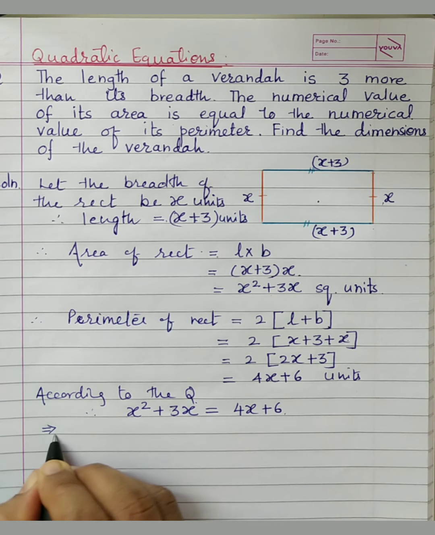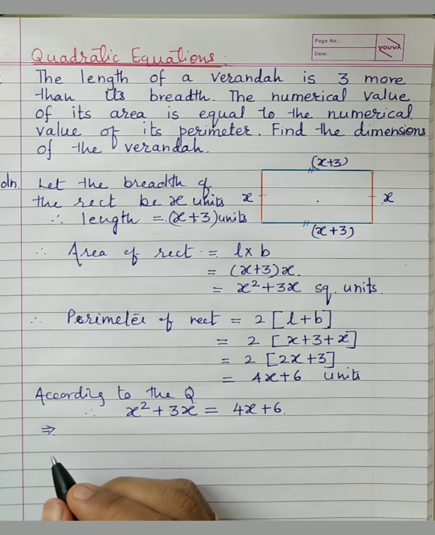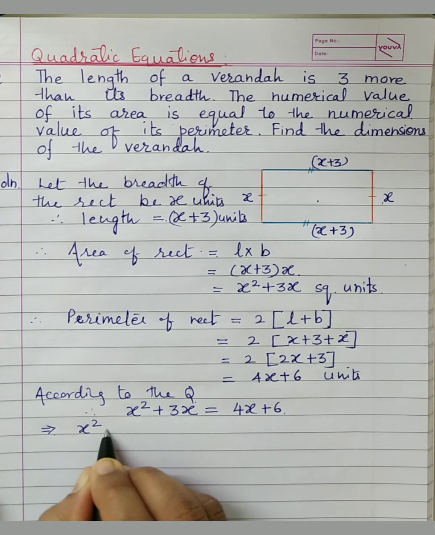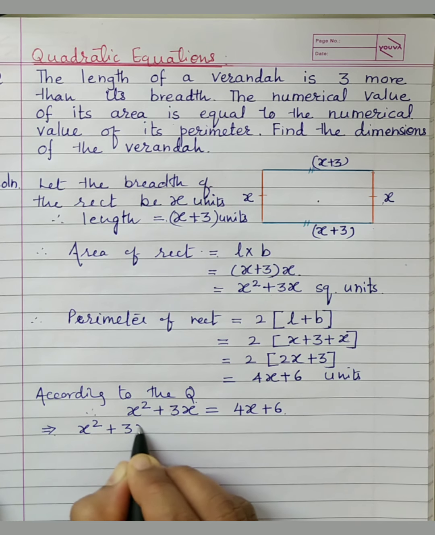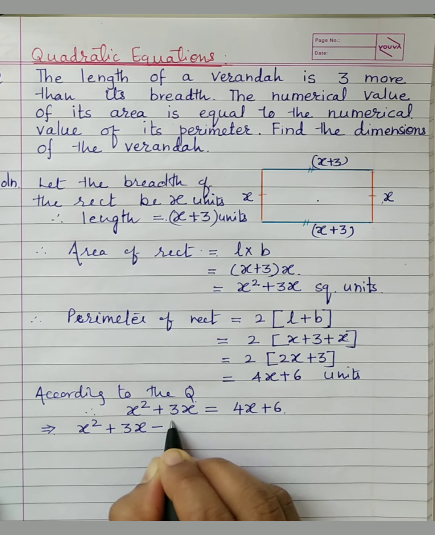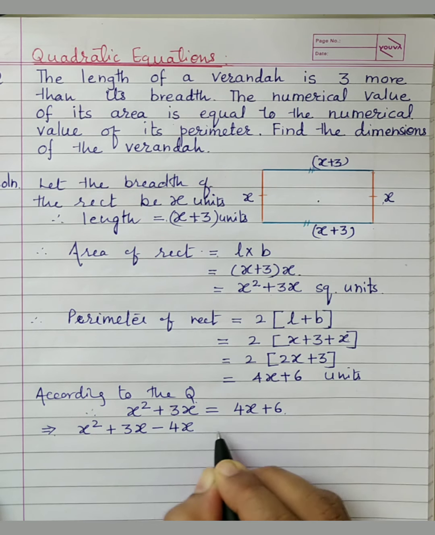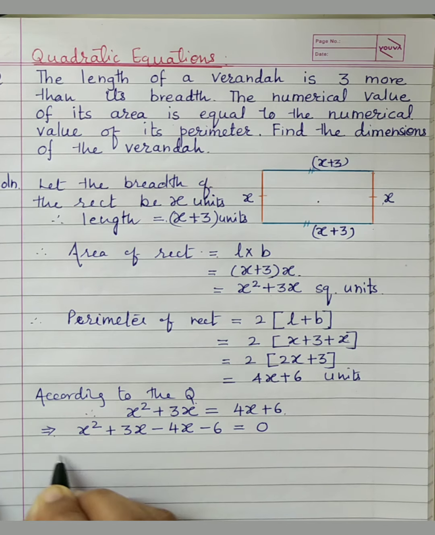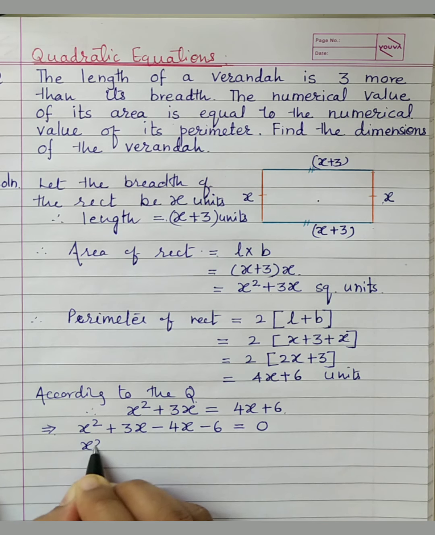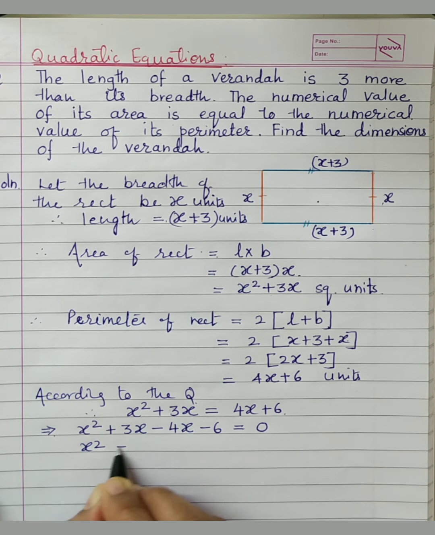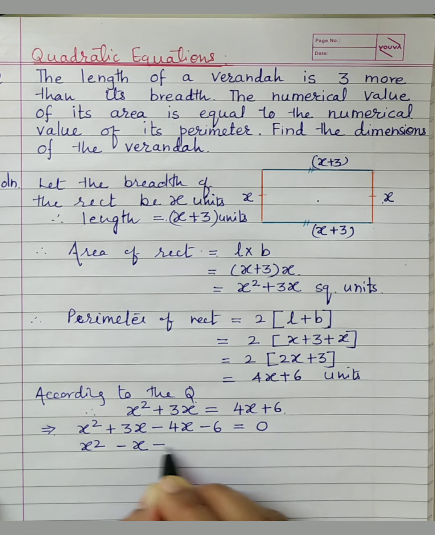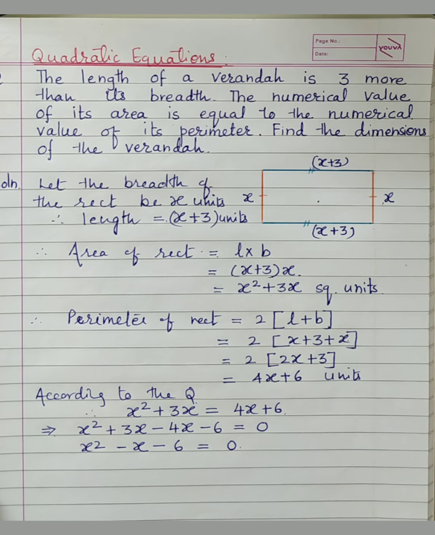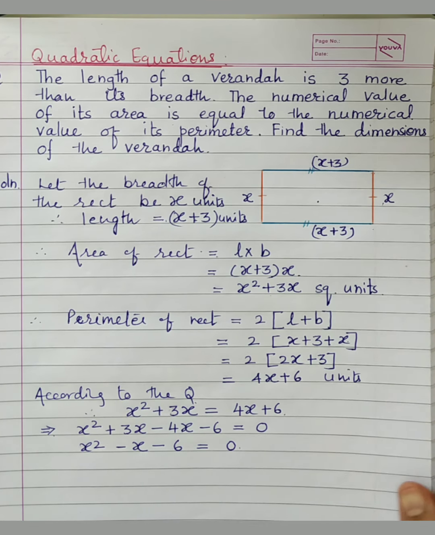Now next step, write it in the standard form. So you get x square plus 3x minus 4x minus 6 equal to 0. Therefore, x square minus x minus 6 equal to 0.